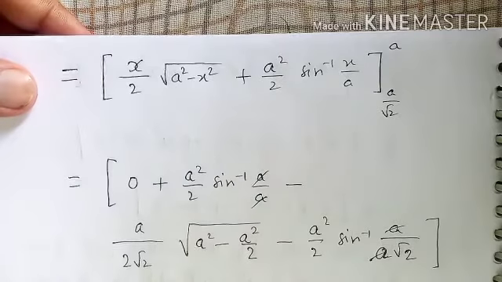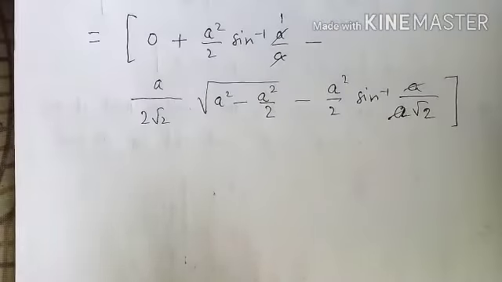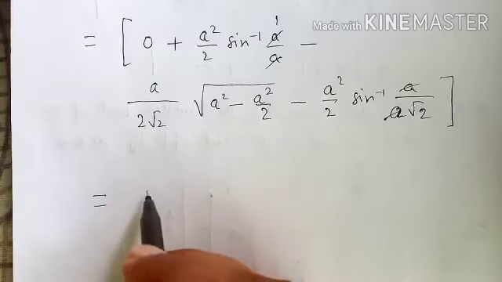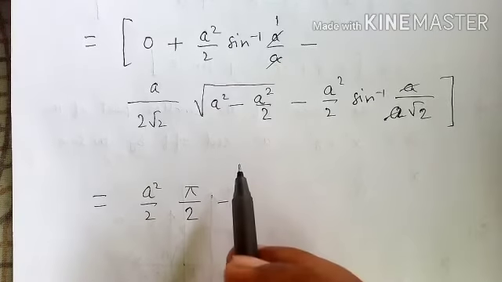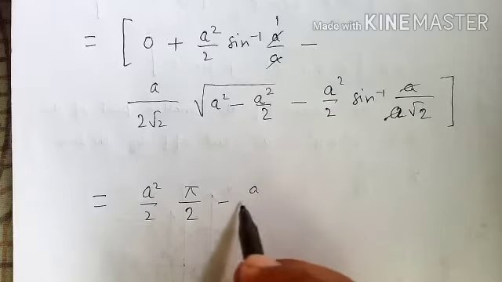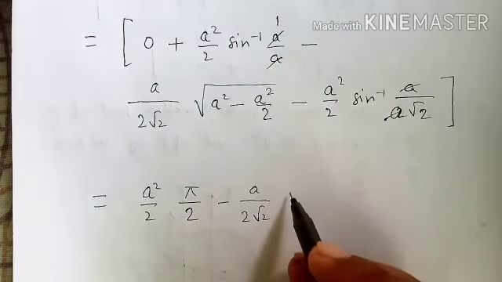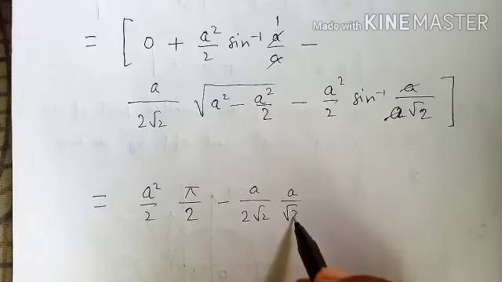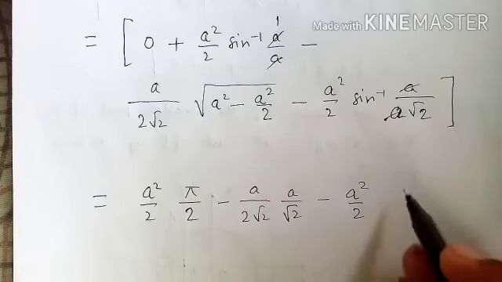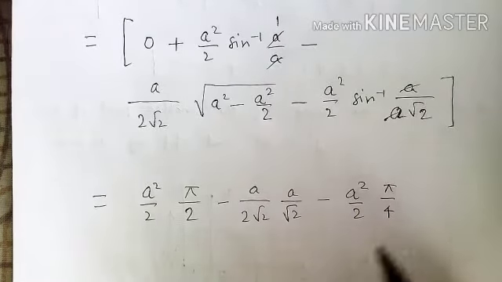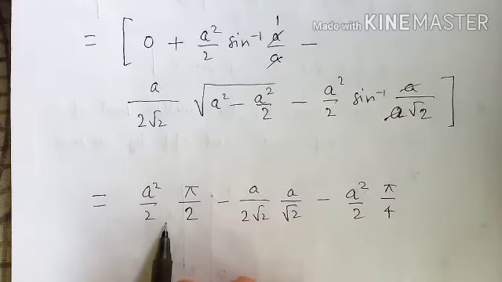This is equal to a square by 2 sin inverse 1, and sin inverse 1 is pi by 2. So we have this equal to a square by 2 times pi by 2 minus a by 2 root 2, here we have a square by 2. Square root of a square by 2 is a by root 2, minus a square by 2 sin inverse 1 by root 2, which is pi by 4.